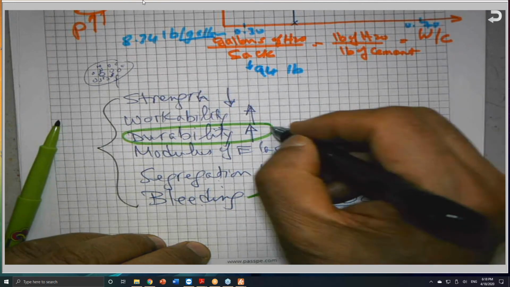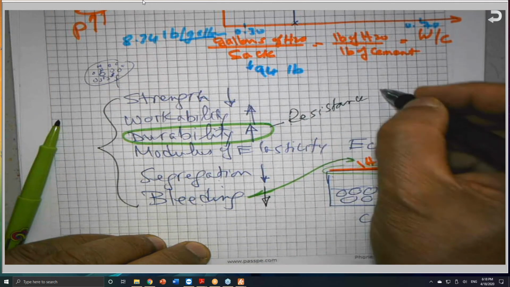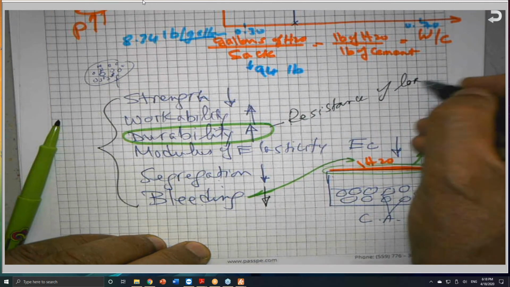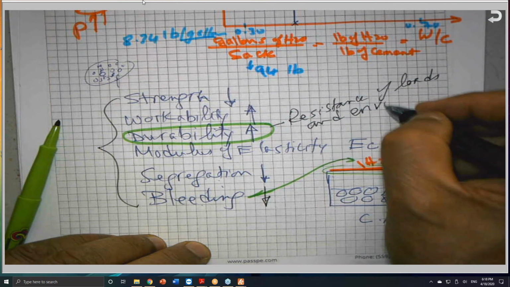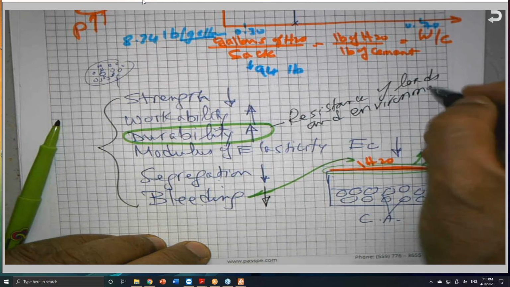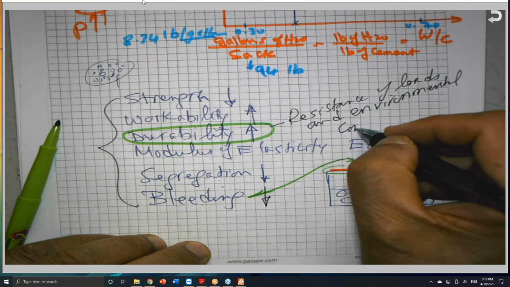It is the resistance to loads and mainly environmental conditions, especially freezing and thawing.